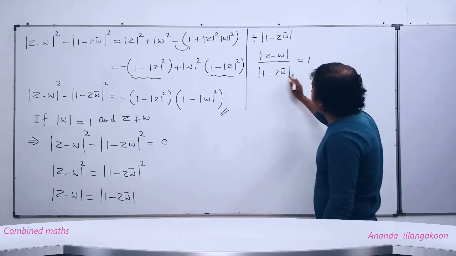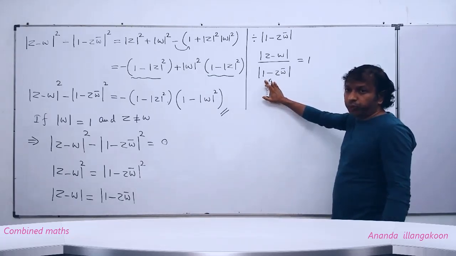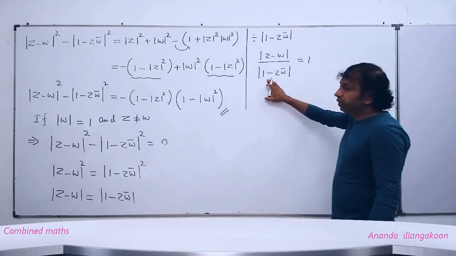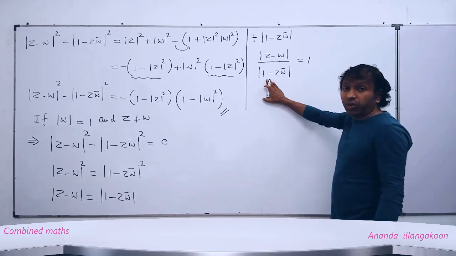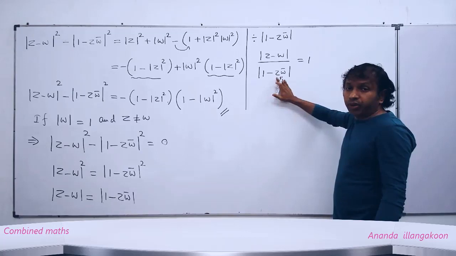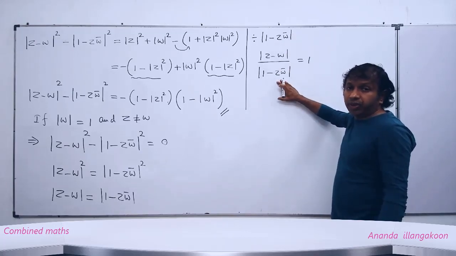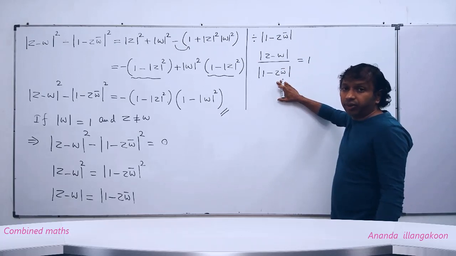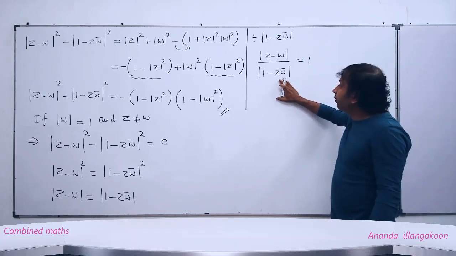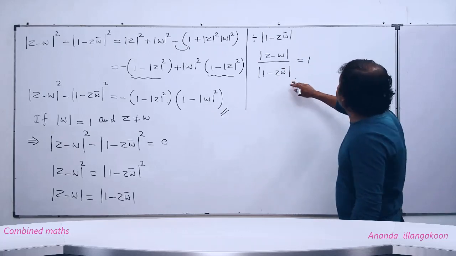People, how do we know that this is a real number? Modulus of a complex number is a real number, positive real number, or 0. Modulus can be 0. People, how do you know that this is not 0? Because if this is 0, a real number divided by 0 is undefined. This is not 0. The reason is this.